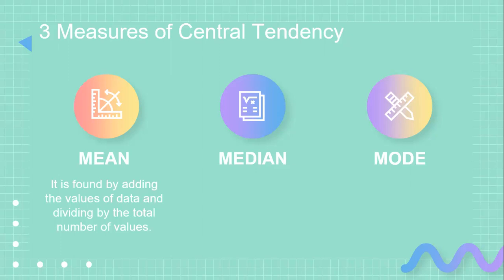Now, let's proceed to our median. The median is defined as the midpoint of the data array. For the median, we arrange our data from the least value to the highest value, and whatever is in the middle is our median.